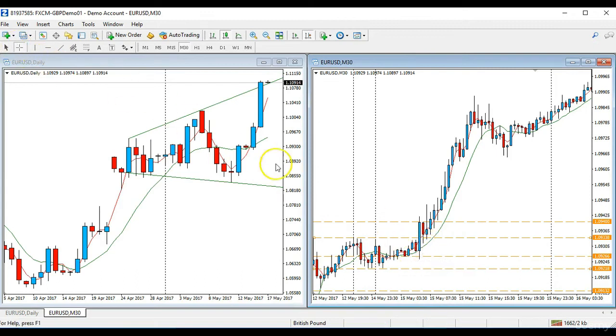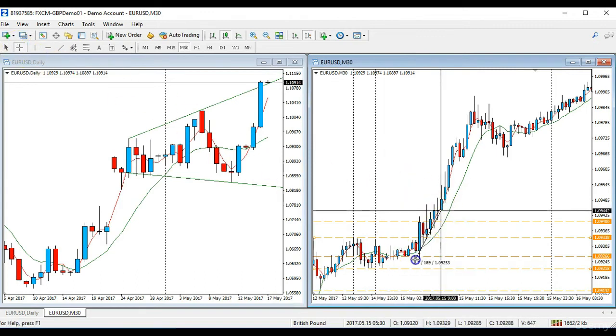So we can see here the middle number there, it says 18.9. So the stop loss would be about 18.9 pips plus the spread which you pay on the euro dollar, which is probably about 1.5 to 2 pips. So that's a stop loss of about 20 pips.